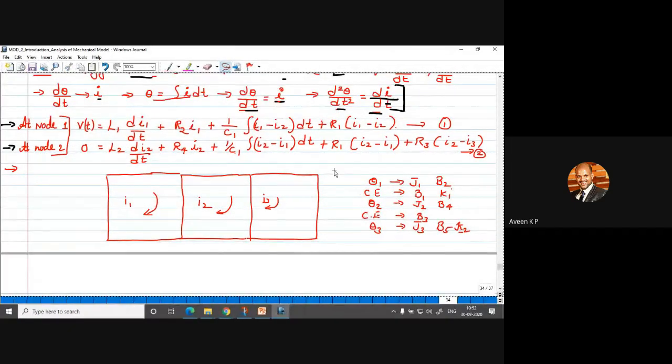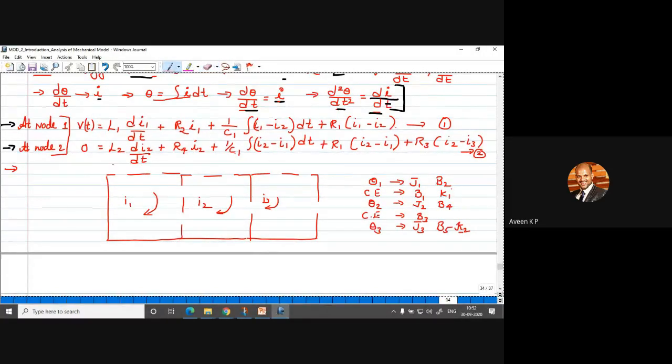See, under theta 1, J1 and B1, and the replacement also you need to consider. So let me make a space. So here 2 elements, and I will represent 2 elements here. Again, 2 elements. So one common element, and again here 2 elements. Okay. So the common element will come in between.